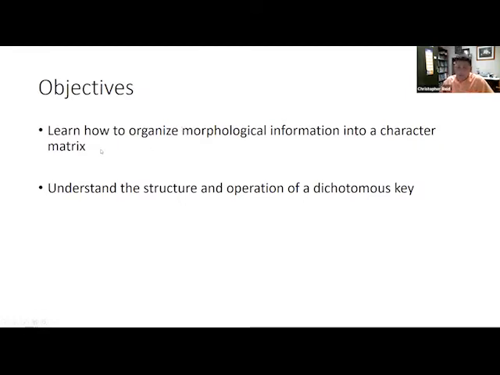In the plant world, we have some regional resources that are really good, like, for example, Godfrey and Wooten's Aquatic and Wetland Plants to the Southeast. You pick up that 2-volume set and you flip them open, you're going to find technical descriptions of families, genera, and species, and you're also going to find a number of dichotomous keys.